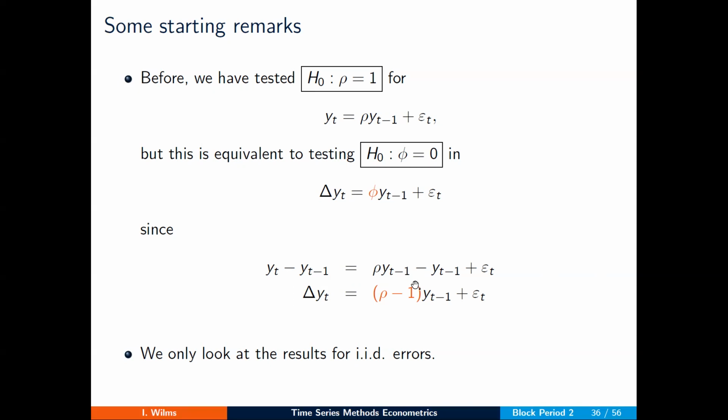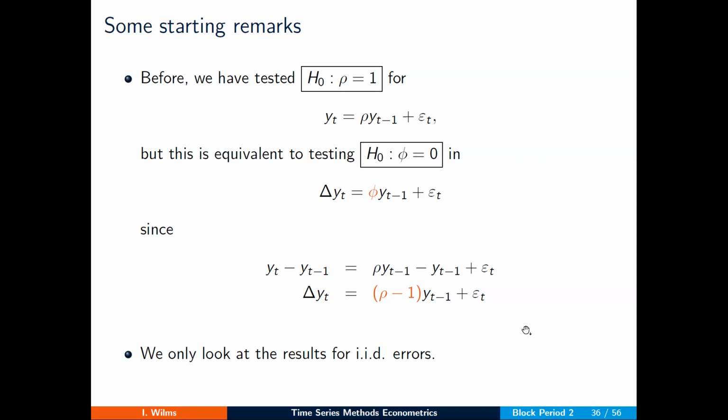And so I call this new parameter phi. And then testing the unit root null of rho equal to 1 is indeed equivalent, or boils down to testing the nullity of this new parameter phi, because phi is nothing more than rho minus 1.